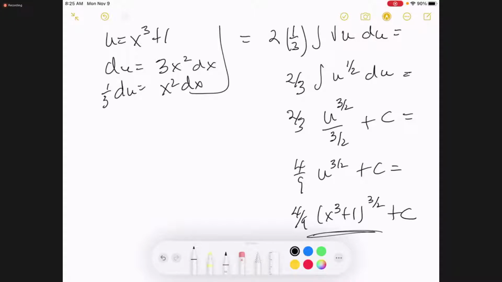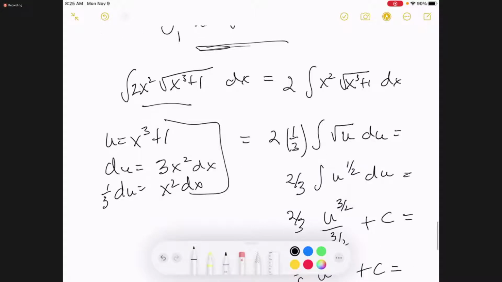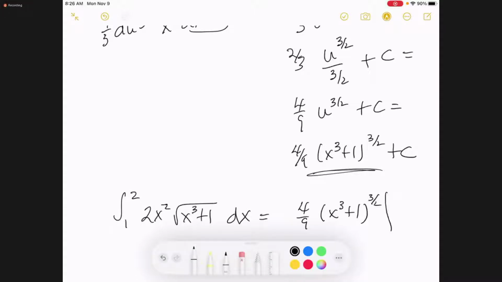Okay, but I'm not finished because my original problem was not an indefinite integral. It was a definite integral. But now I have an antiderivative in terms of x. So the integral from 1 to 2, here's my antiderivative, and it gets evaluated from 1 to 2.